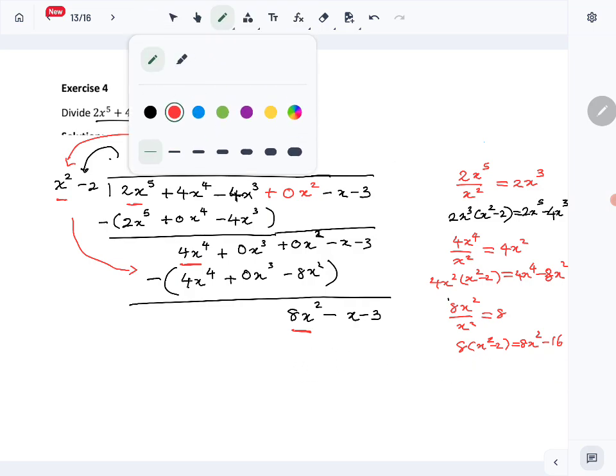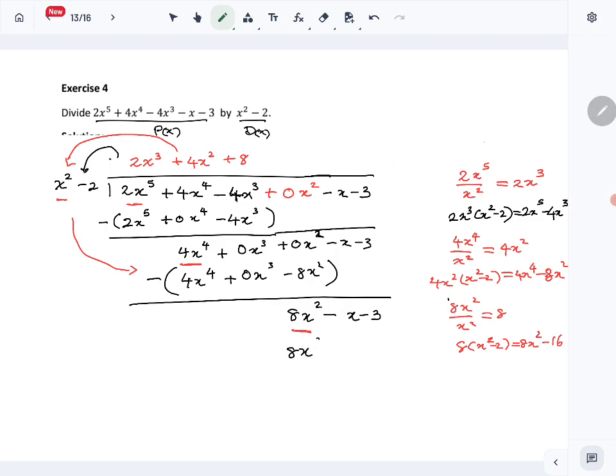So 8x squared, 0x, there's no x term, minus 16, subtract, right? 8x squared and minus 8x squared cancel, minus x minus 0x is minus x, minus 3 plus 16 becomes plus 13, right?